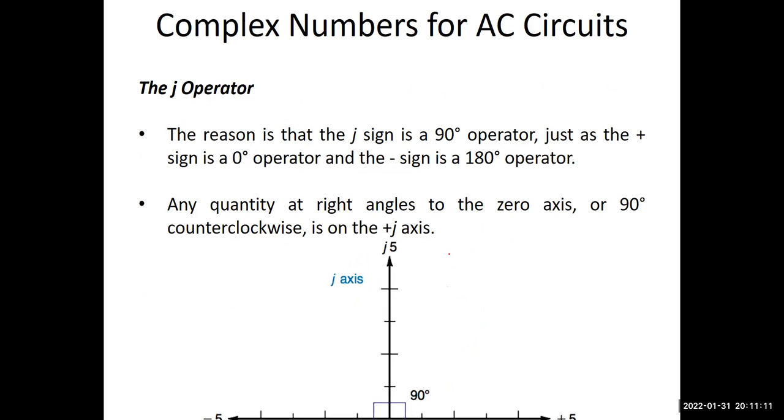Okay? So the reason is that the J sign is 90 degrees operator just as the positive sign is 0 degree operator and the negative sign is 180 degrees operator. So any quantity at right angles to the 0 axis or 90 degrees counterclockwise, okay, is on the J axis. So lahat itong part na to is in the J axis. Basta papunta siyang counter.